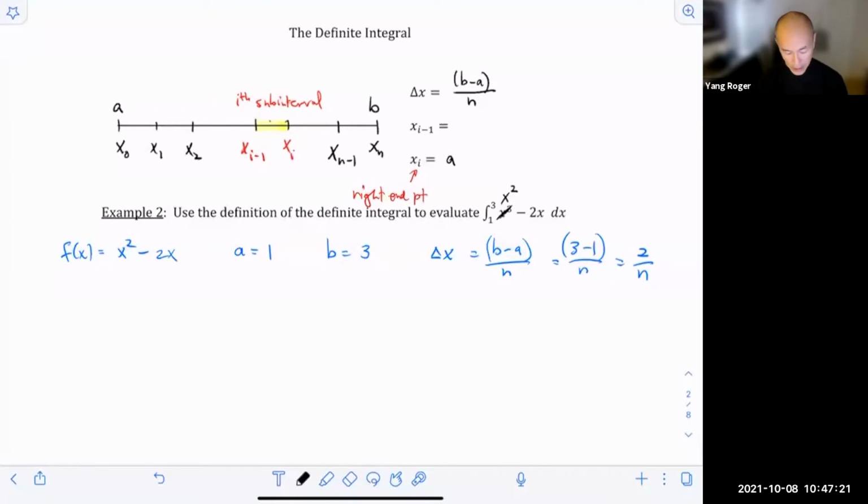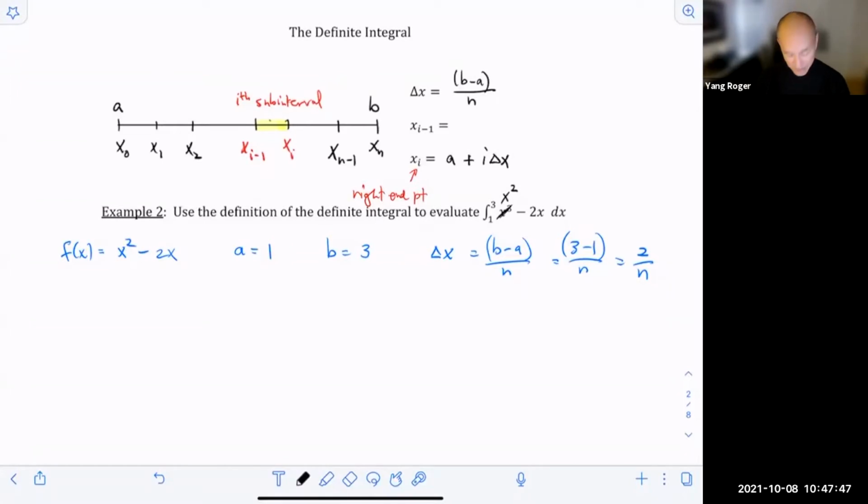If I wanted x2, I'd have to add 2 delta x's. If I wanted x3, I have to add 3 delta x's. So if I wanted xi, that would mean I need to add i delta x's. That's how we get the right endpoint.